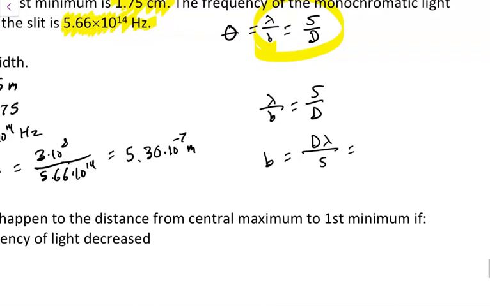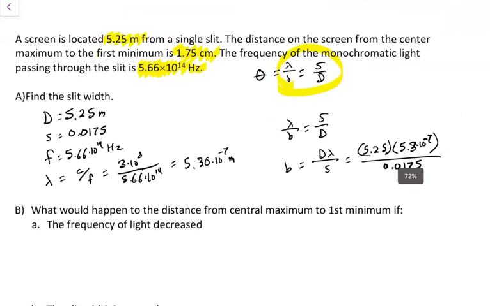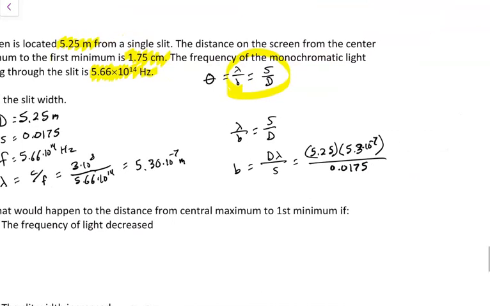That gives me 5.25 times 5.3 times 10 to the negative 7th divided by 0.0175. And that's 1.59 times 10 to the negative 4th meters. So very, very small.